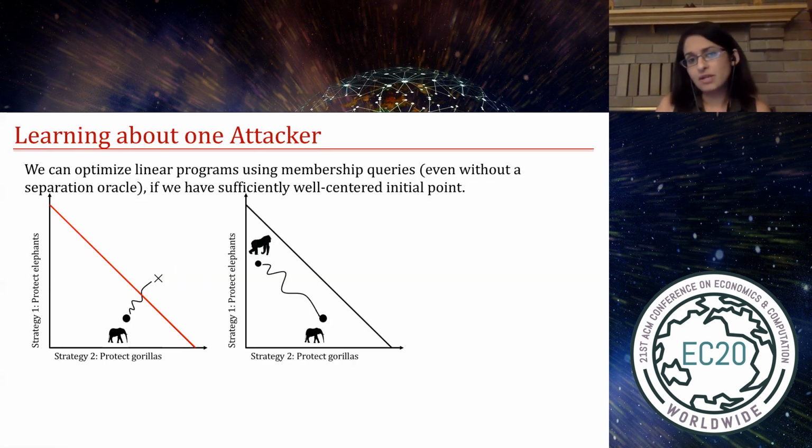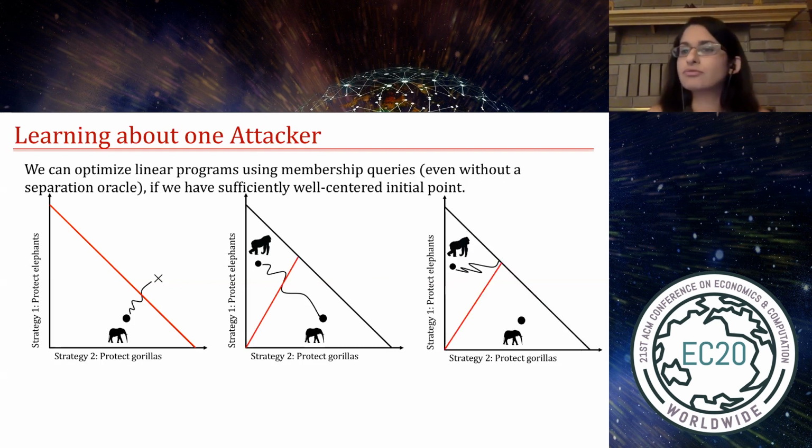Now, I can also have another random walk, which, while it's trying to figure out what's happening in the region where elephants are being attacked, might stumble upon another initial point, a strategy where gorillas are going to be attacked. So I could use that strategy to do another type of random walk.